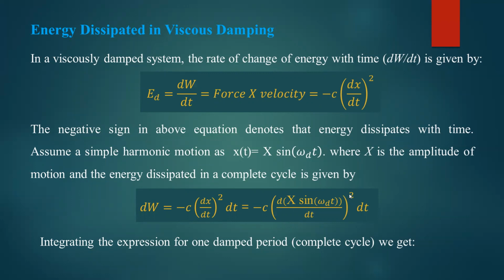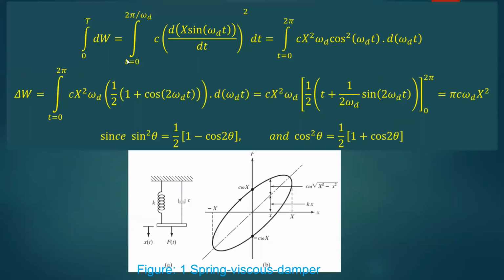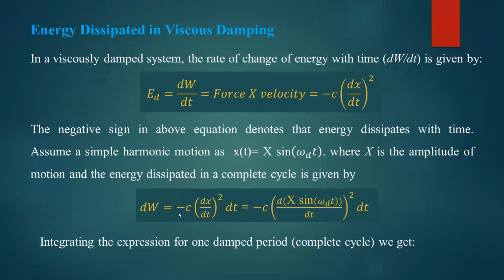So how can we derive the amount of energy dissipation? dW is equal to minus c (dx/dt) squared dt, where dx/dt means the first derivative of displacement, that is x dot. That means x = X sin(ωd t) is the solution for the given vibration.